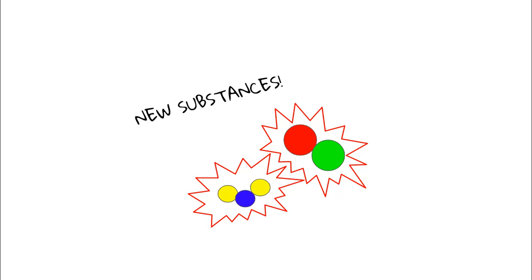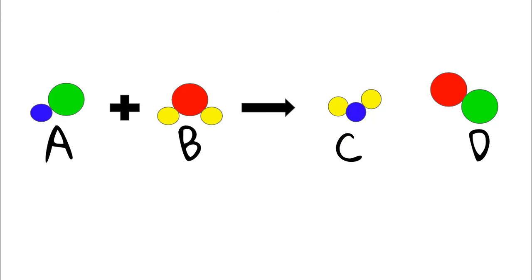We have substance C and D. Okay, so when those molecules are bumping into each other, they break apart and they attach in different ways to create new substances. Okay, we started off with substance A and substance B. They hit each other while they're mixing, and then their molecules break apart and then move and change and attach in different ways to create new substances like C and D.